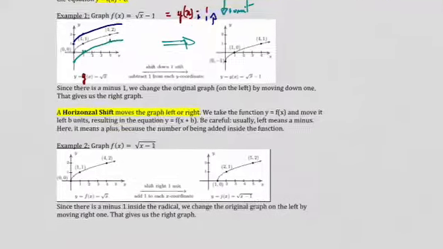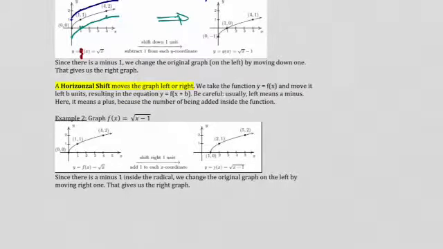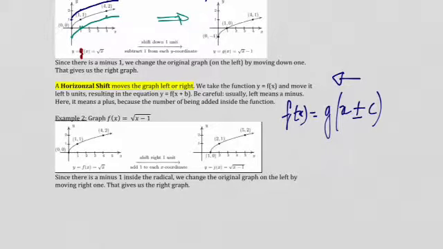Now let's focus on the horizontal shift. The horizontal shift is when you have a function f of x, and this function is equal to another function with x plus or minus c. When you have a plus, you're supposed to have a horizontal shift to the left. When it's plus, it's to the left, and when you have a minus, it's supposed to be to the right.